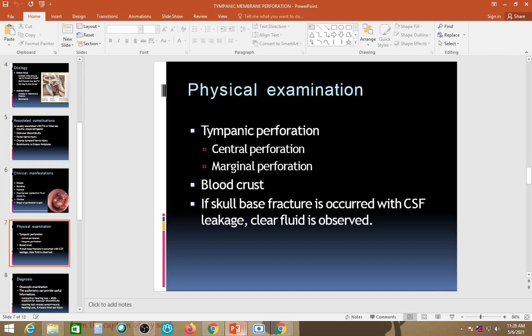Some people get head trauma and skull fractures, and because of the skull fractures, epidural, subdural or arachnoid hematoma can occur. Then the cerebrospinal fluid can also leak from the ear. So we need to examine whether the cerebrospinal fluid is leaking or not. We can see the clear fluid if it is present. Okay?